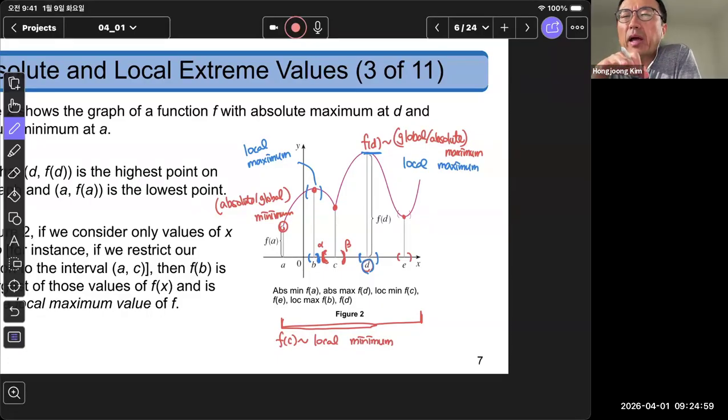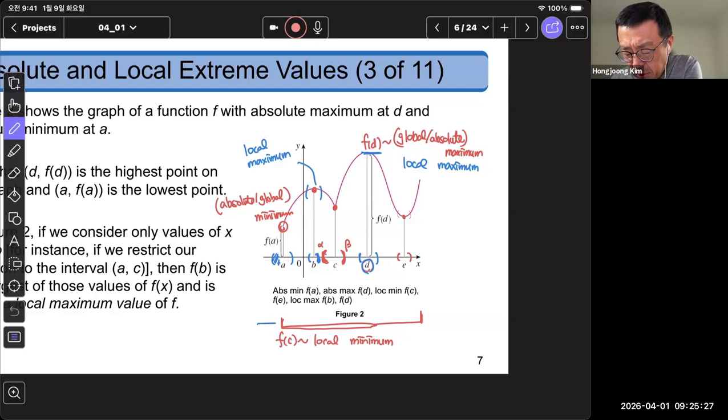Now, how about point A? If I consider any interval around A, then one half of the interval, to the left of A, is outside of the domain.